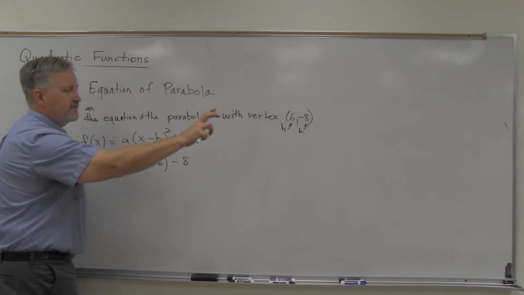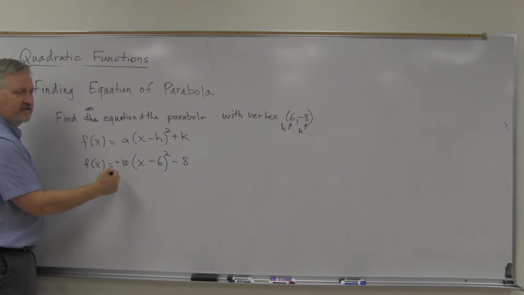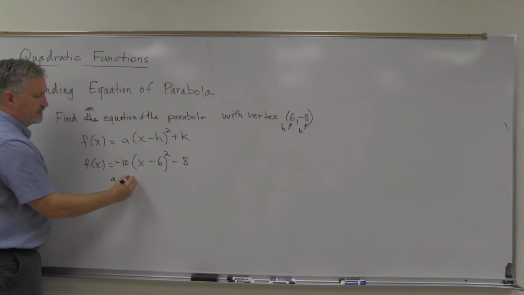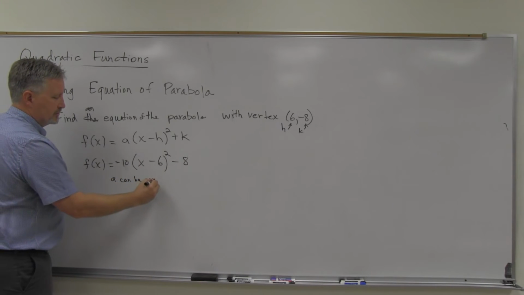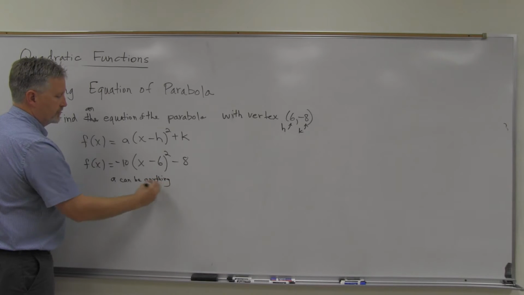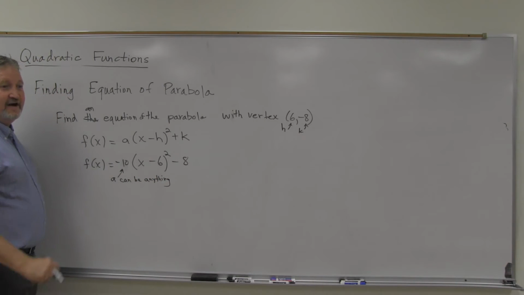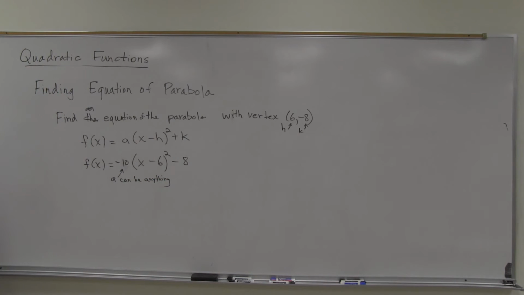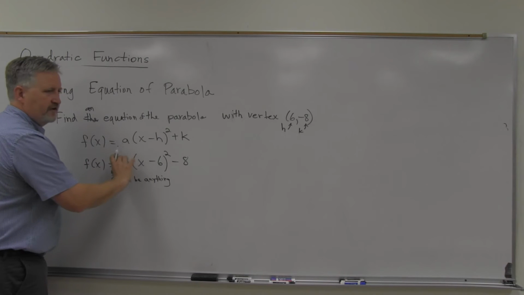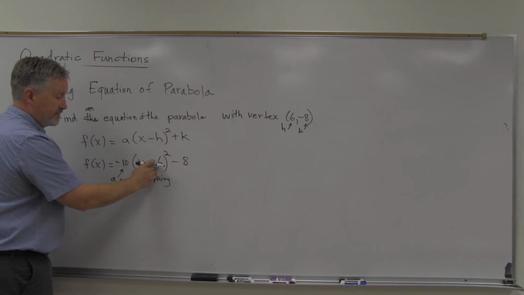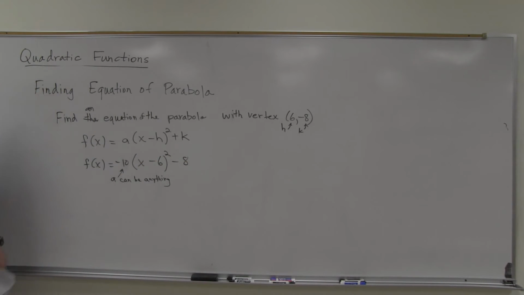So if it doesn't give us any other information, a can be anything, in this particular case. Now if we get another bit of information, that may not be the case. But you see what I'm saying? Any number you put in for a, as long as you've got the x minus 6 squared minus 8, you've satisfied this problem here. Okay? I'll just leave it negative 10. All right.